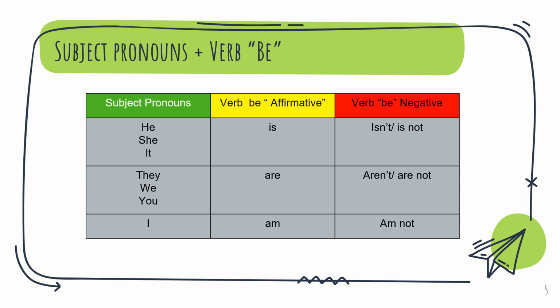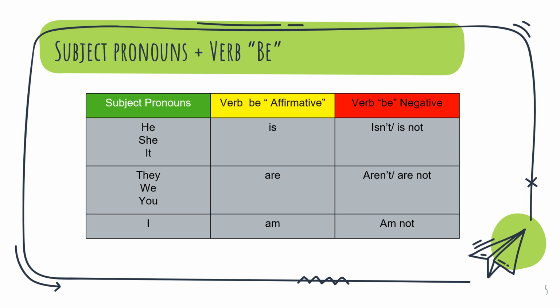If you look at the first row, there are 3 subject pronouns mentioned here: he, she, and it. He we use for male, she we use for female, and it we use for objects or animals. The verb to be that you need to use is "is".